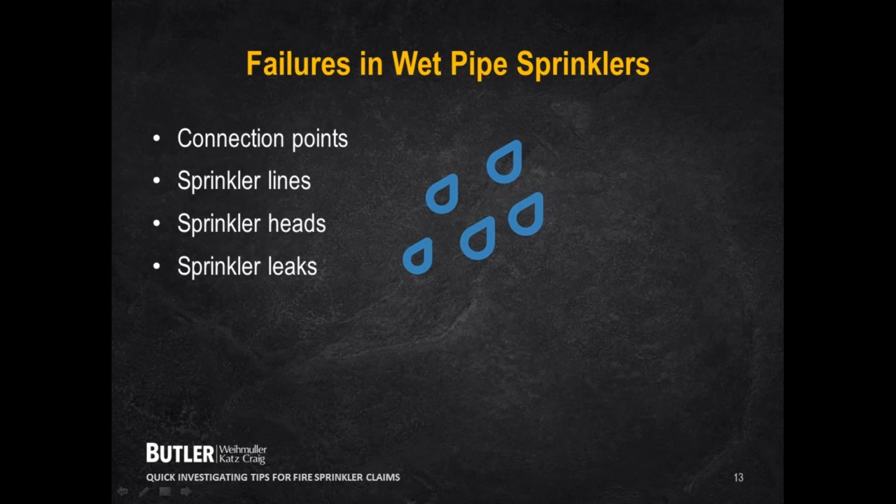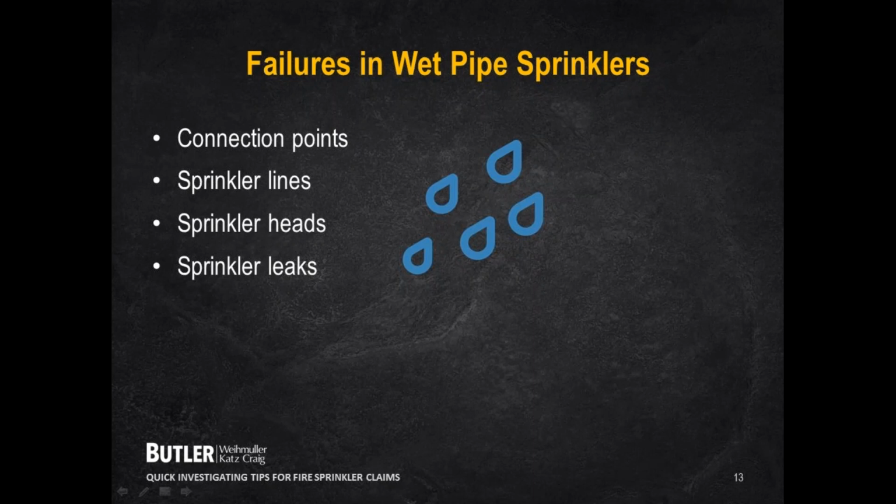Sprinkler lines themselves can freeze and break, even though they're not supposed to be in temperatures under 40 degrees. A lot of times we see that they are in attic spaces or somewhere else in the building. They could just be close to a north wall, and still it gets cold enough over a long period of time.